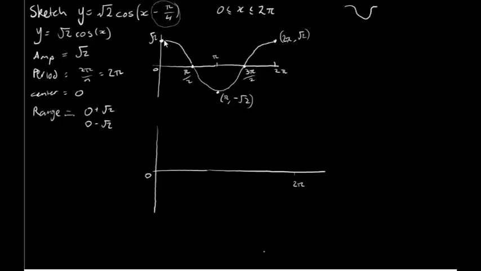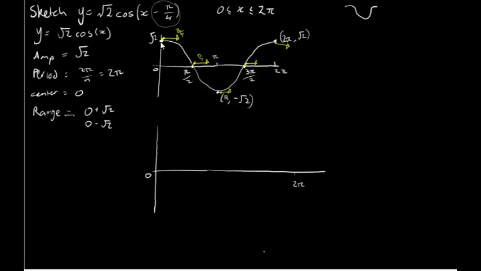So basically we take all these numbers here. This one here will move to the right pi on 4 units. And this one here will move itself to the right pi on 4. And same thing for this one, and for this one, and for this one. And so what we'll end up having is all these points which we can use to sketch the new function.